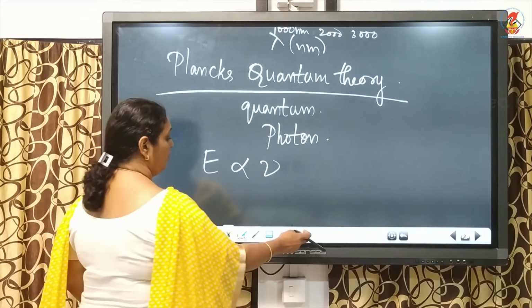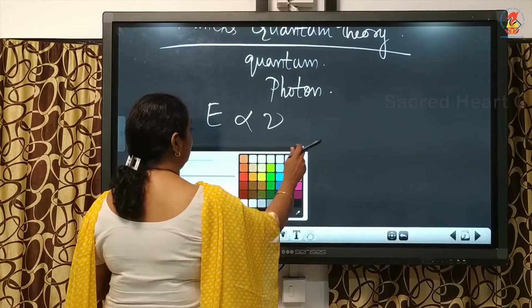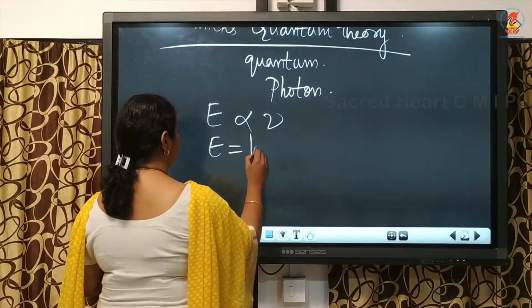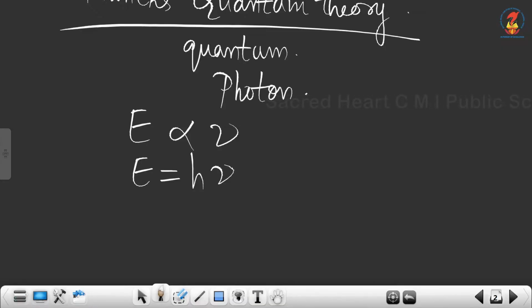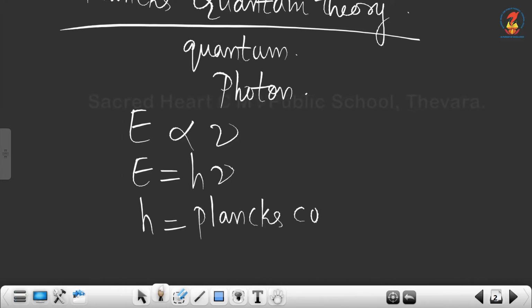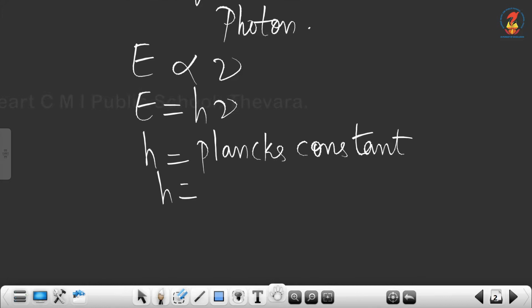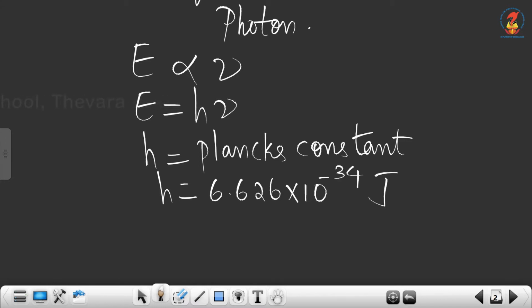Now if you remove the proportionality sign, we can write this expression as E is equal to h nu, and h is a constant called Planck's constant, and its value is equal to 6.626 into 10 raised to minus 34 joule seconds.